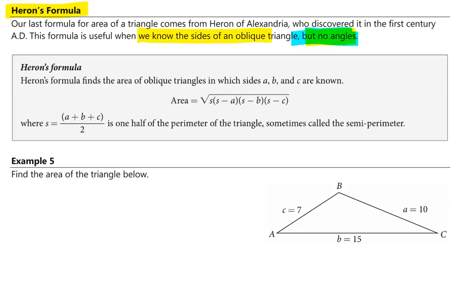And here's Heron's formula: square root of s times s minus a times s minus b times s minus c, where s is equal to a plus b plus c over 2. That is 1/2 of the perimeter of the triangle, and sometimes we call it a semi-perimeter.